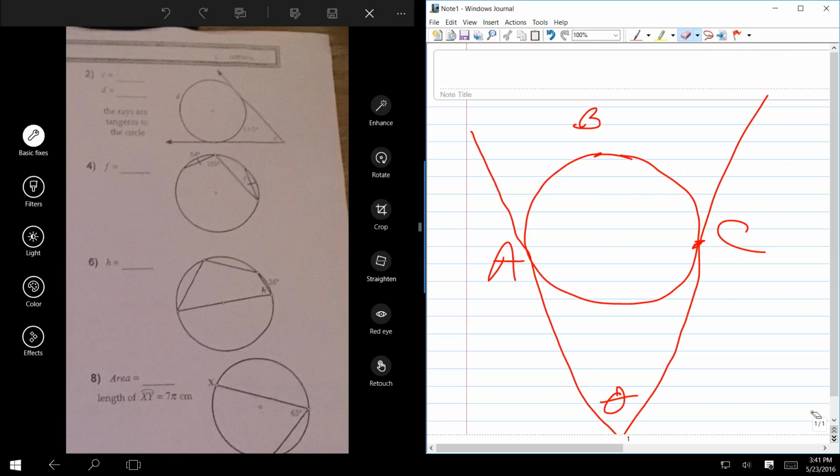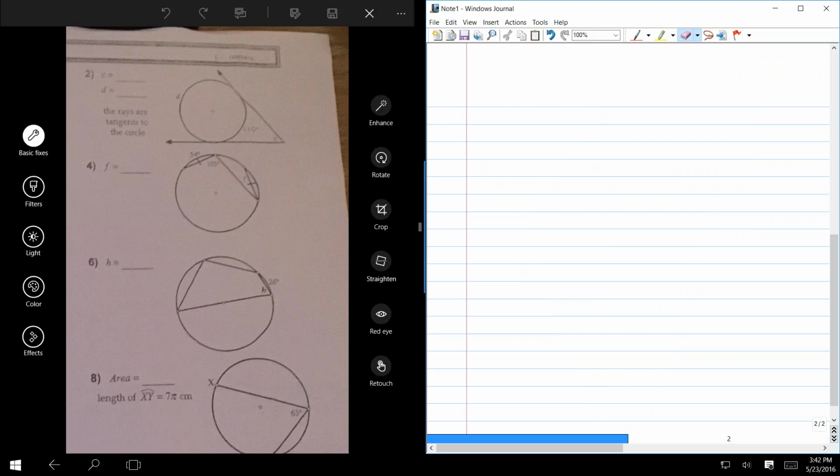So what is C in our problem here? State it the way you said it. So it would be C equals 1/2 times D minus 110. Now look at D and 110. What is D?